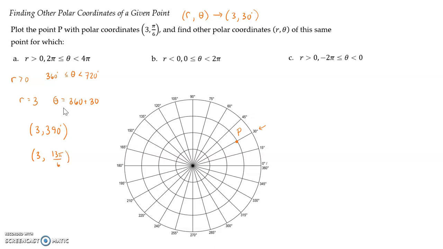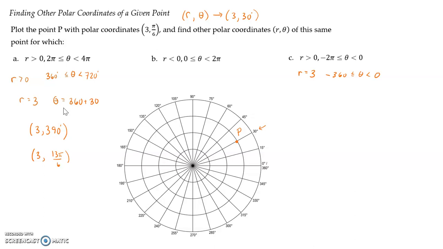So let's go ahead and take a look at our next one. Let's do part C next, since this one still has a radii value that's something greater than 0. So we can actually use the same radius of 3 in this example. And this time we want our angle measure to be something between negative 360 degrees and 0.